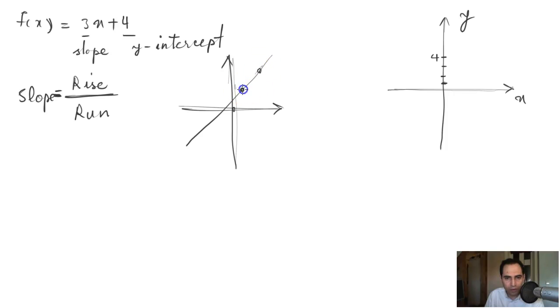This lower point compared to this upper point, there is some rise in them and there is some run in them.